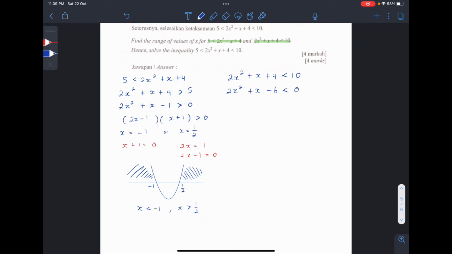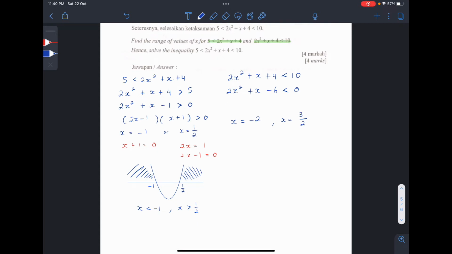Same thing guys, we are going to leave a small space, take out your calculators. A should be 2, B is 1, C is negative 6. Try to solve the values from your calculator. You are going to get x equals negative 2 and x equals 3 over 2. Yes, that's right guys.